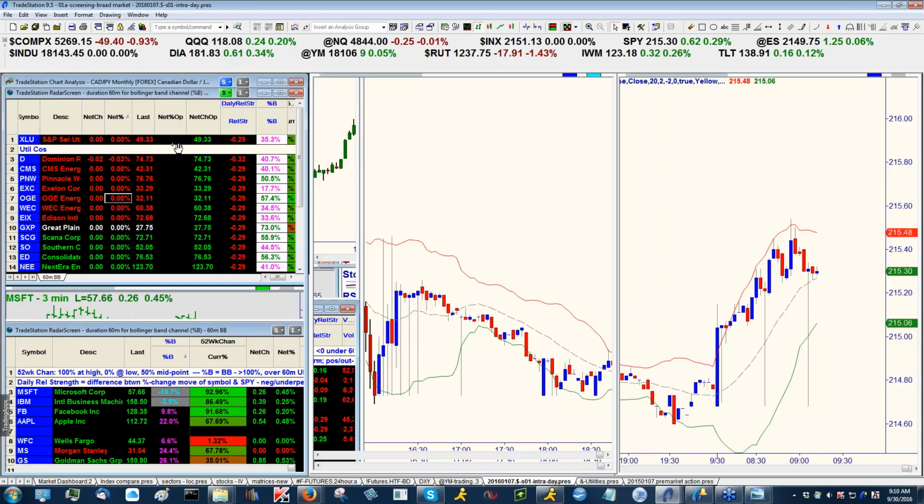But the other thing that I look at during the day, and in fact the thing that is really the key for me getting good intraday trades, is I don't really care all that much about the net change from the previous close, but I really care about the net change from the open.